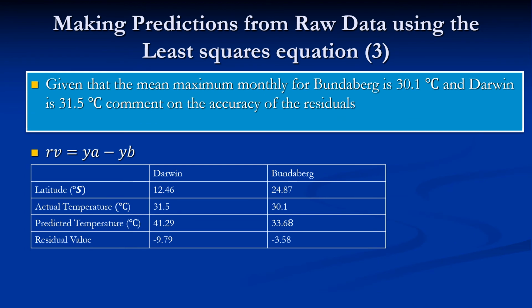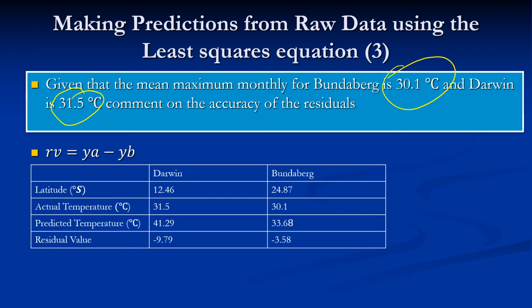Now let's consider the reliability of these predictions now that we've been given the actual values. I looked them up on the BOM website and found that the actual mean monthly maximum temperature for Bundaberg is 30.1 degrees Celsius, and for Darwin it's only 31.5 degrees Celsius.